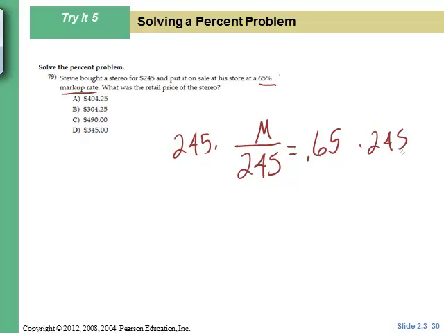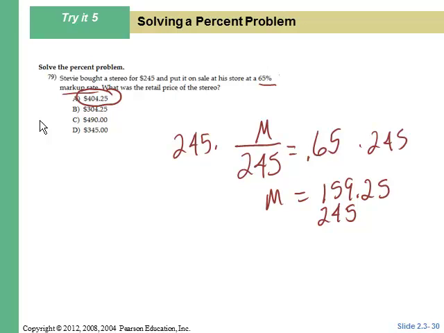So 0.65 times 245, the markup was 159.25. The original was 245, so plus 245 gives us $404.25. Notice that it gave us the markup rate. It didn't give us anything but the markup rate.